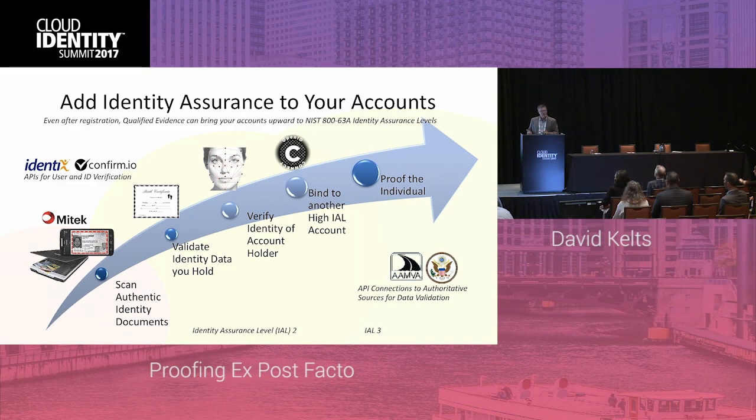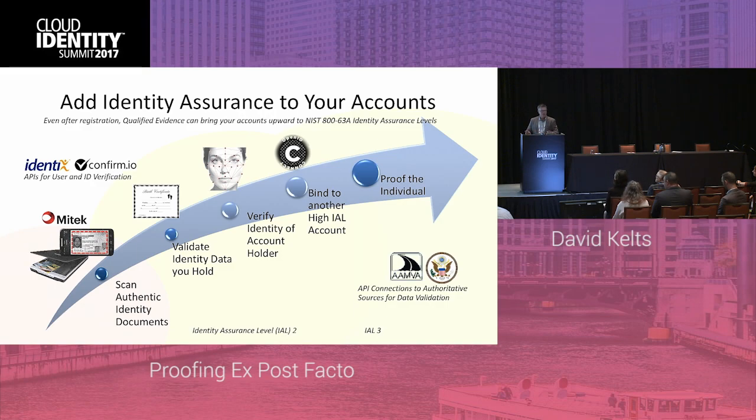You can bind to another high IAL account. So in the MyCard NSTIC grant, which is part of the grant that MorphoTrust is in, we're trying to demonstrate this out. Bind yourself using OpenID Connect to another high assurance account and use it as your attribute freshness. In fact, use it to enhance privacy. Use it to not store attributes in your own system.